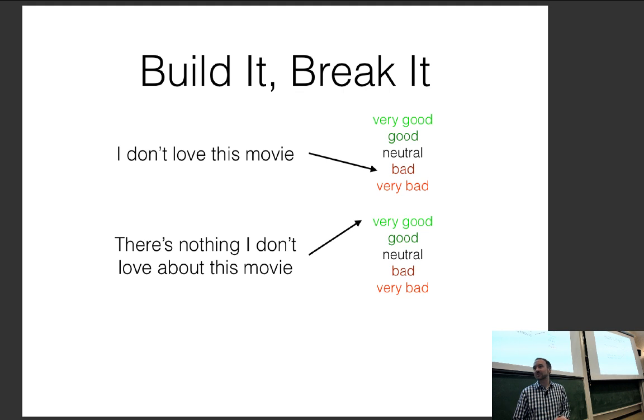Maybe it is neutral. I don't know. It's not praise, but it's also not horrible. So if you do something like this, just adding the vectors won't work because love is positive, hate is negative. So if you just switch out one, then obviously I don't hate this movie is going to be worse than I don't love this movie. And then you go even farther, there's nothing I don't love about this movie, and it's just kind of confusing for a bag of words.